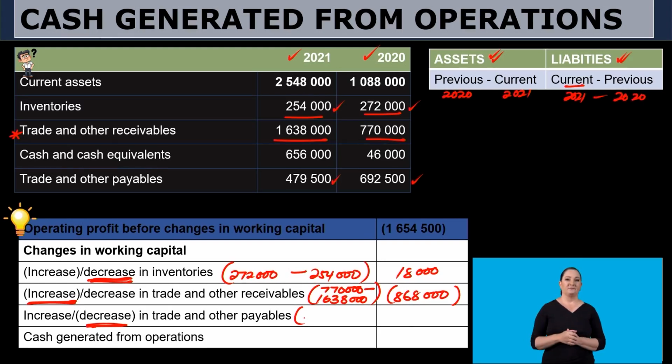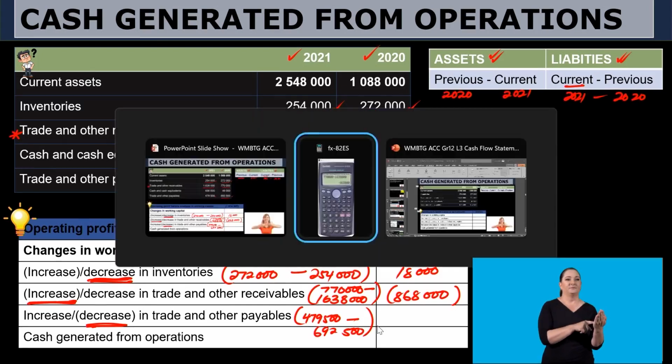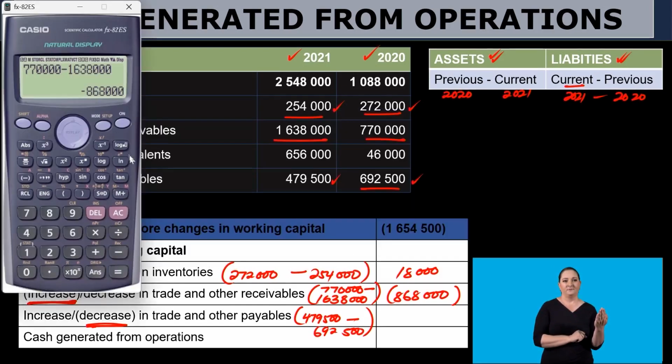So I'll come here now. Then I'll say, how much is my 2021? 479,500 minus my previous year, which is 692,500. I close my bracket. Let's quickly come to our calculator, and then we see what it will tell us.